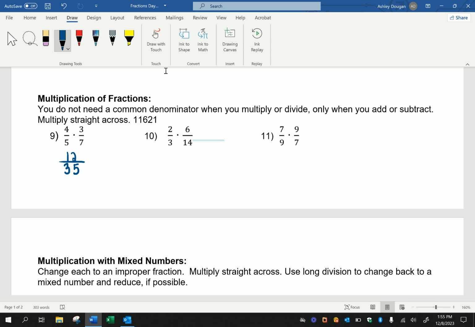And then I just look at, can this be simplified? Is there some number that divides evenly into both 12 and 35? And if I'm not sure, what I do is I look at the smaller number and I think about, okay, what are some things that divide evenly into 12? Well, 2 divides evenly into 12. But if I try to say 35 divided by 2, I'm going to get a decimal. I'm not going to get a whole number. So 2 is not going to work. 12 is divisible by 3.